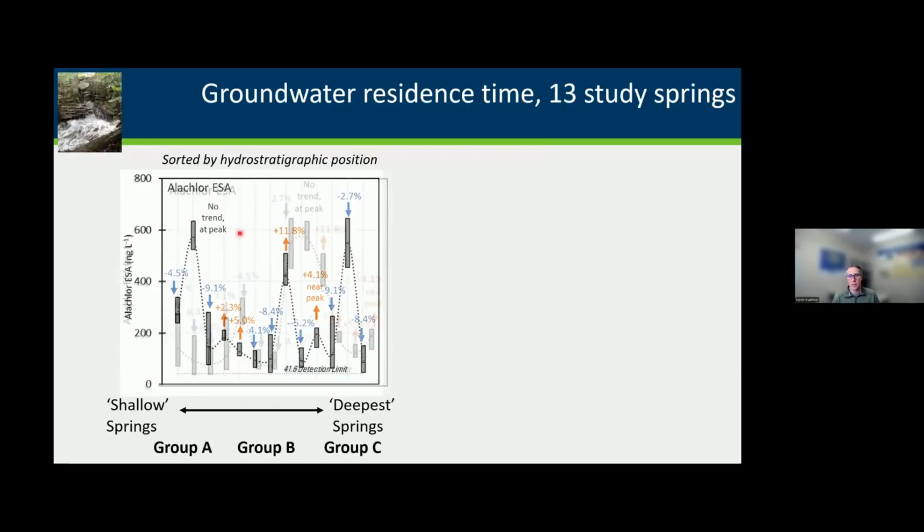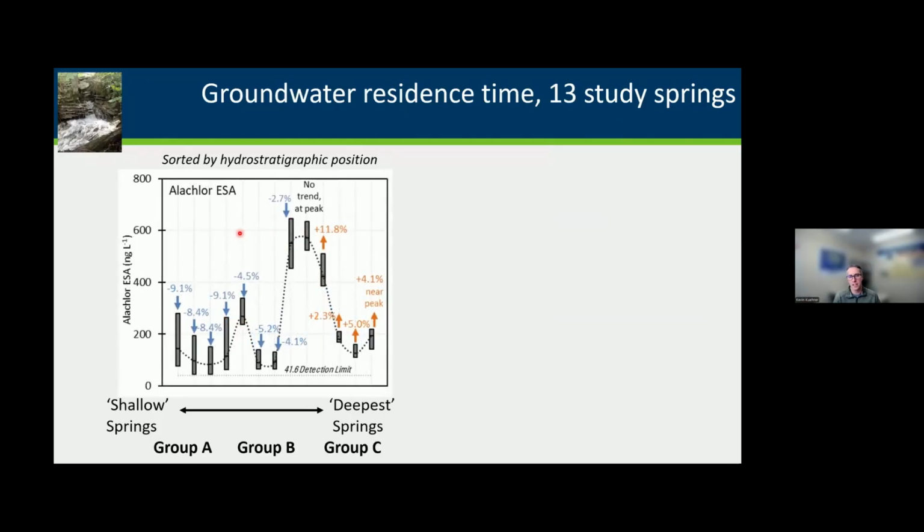Yeah, so I would probably reference this here to maybe help explain that a little bit. In this example, this was Alachlor ESA. We stopped using this, let's say, about 25 years ago. So this kind of just shows, essentially, think of this like a wave, right? It's moving from left to right here.